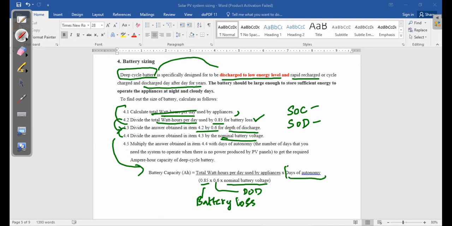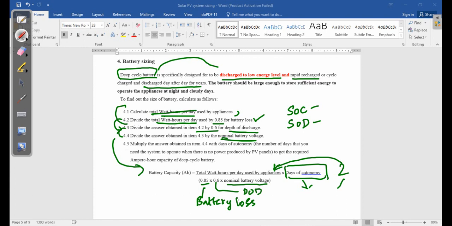So what is the days of autonomy? Days of autonomy means the battery is capable of delivering the power to the particular load without having the recharging cycle. For example, there is no supply available for the next 2 days. So we have to consider those parameters. For example, if the supply is not available for 2 days, the battery is capable of delivering the power to the particular appliances for the next 2 days.